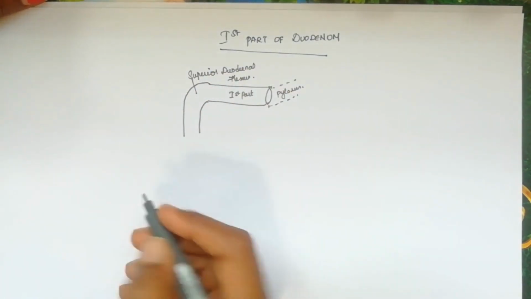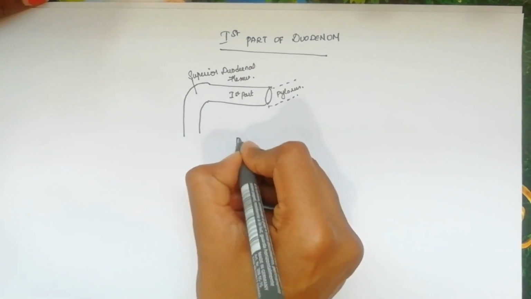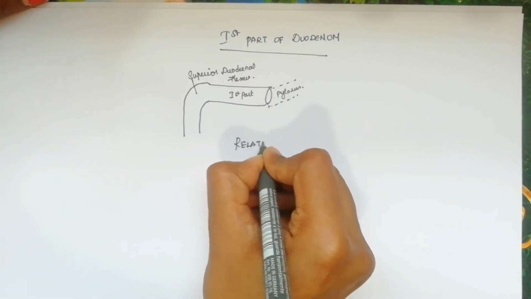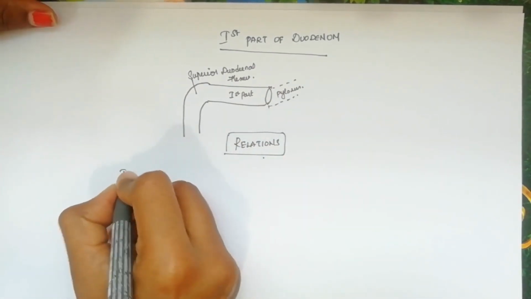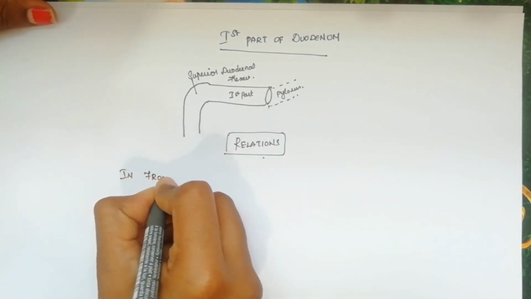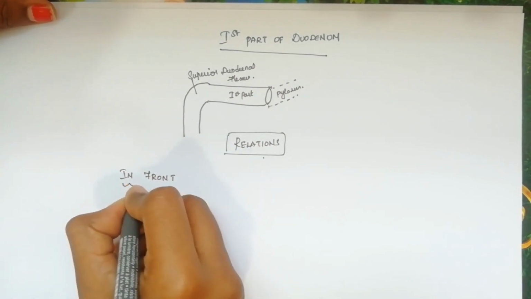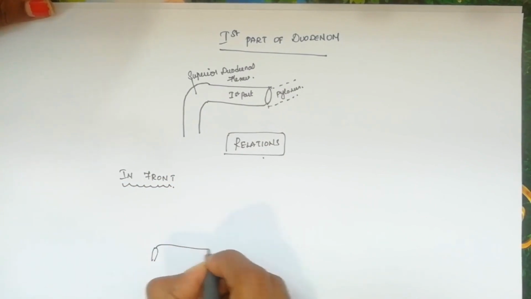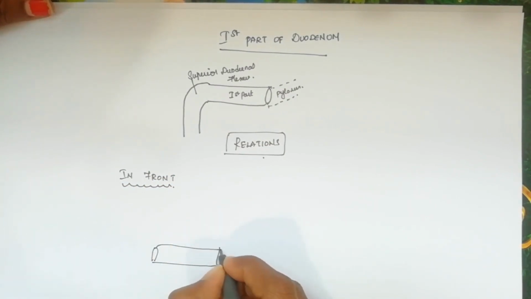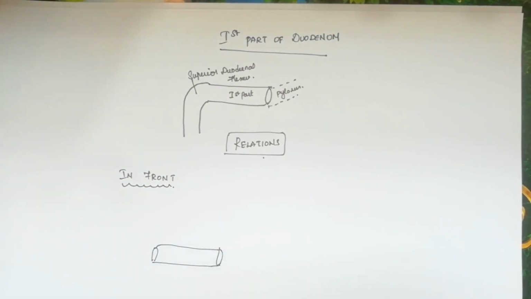First we will move on to relations in front of the duodenum. Taking the first part of the duodenum, in front of it we have two relations.